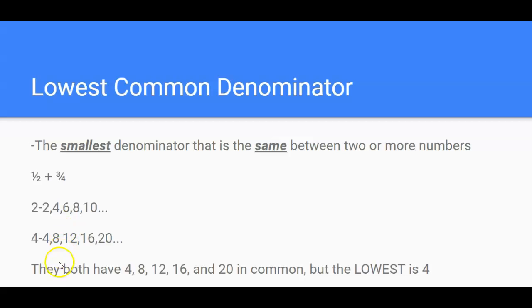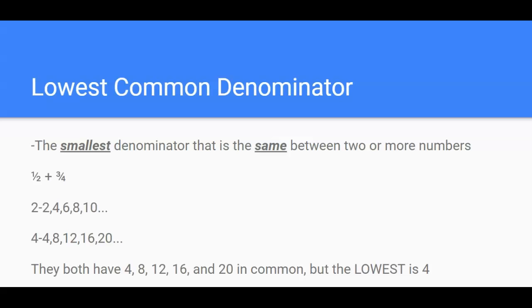So what I do when I'm trying to do 1/2 plus 3/4 is I take both of those denominators and I write out a list of multiples. My list of multiples for 2: 2, 4, 6, 8, 10, and then the 3 dots that tell me it goes on forever. My list of multiples for 4: 4, 8, 12, 16, 20, and again, 3 dots that tell me it goes on forever. So those two numbers have a whole lot of common denominators.